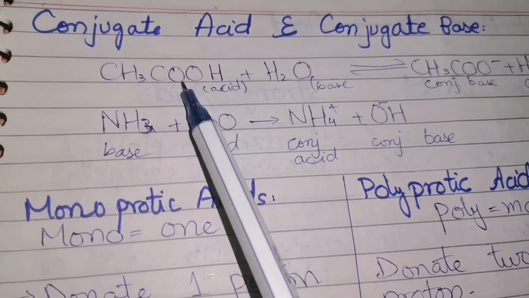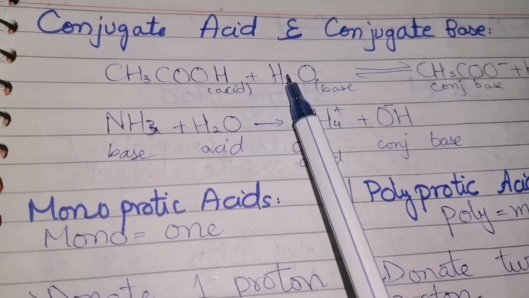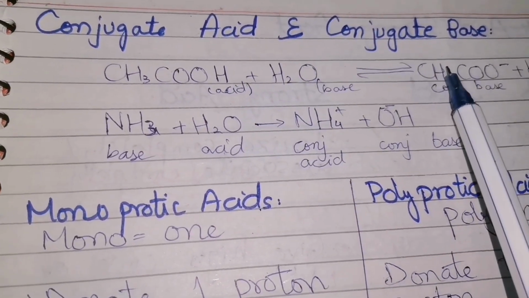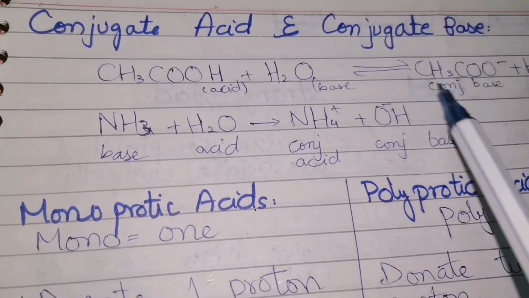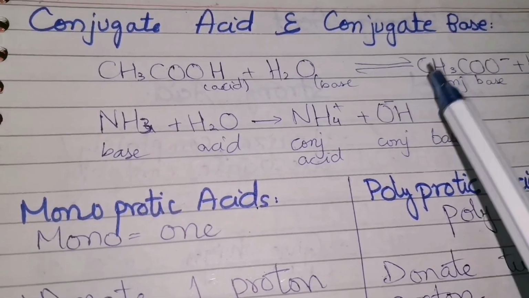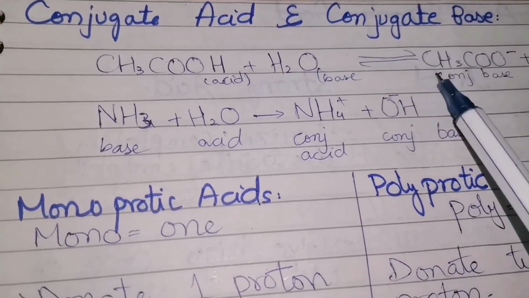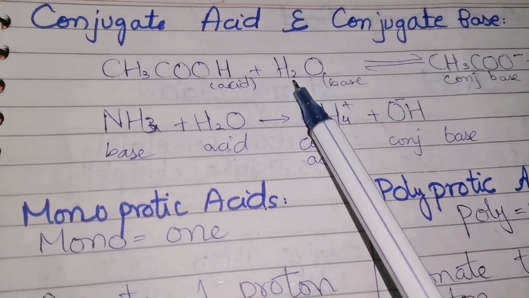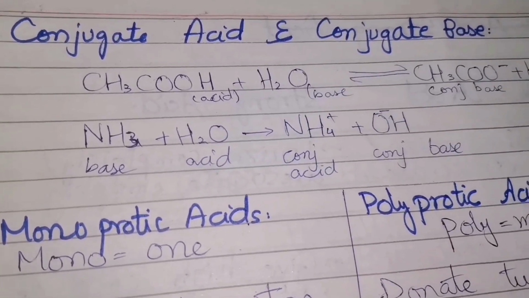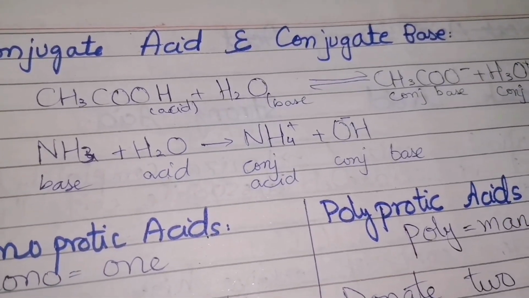The acid donated a proton to a base and converted into a negatively charged species. Here it gave the H positive and became negatively charged. Water accepted the proton and became H3O positive.